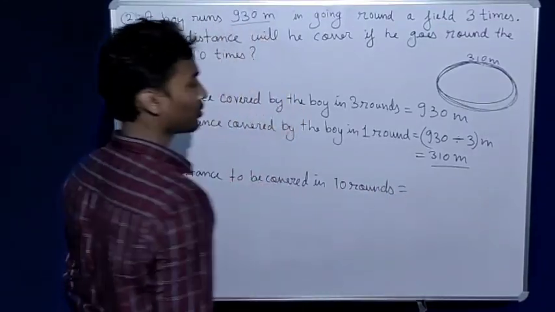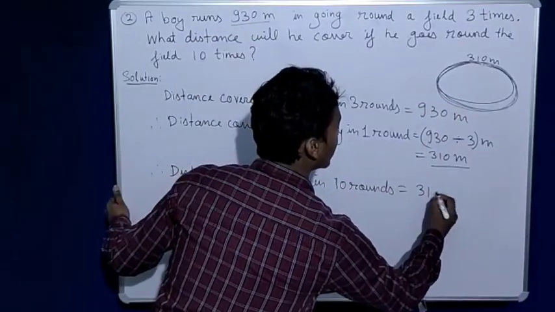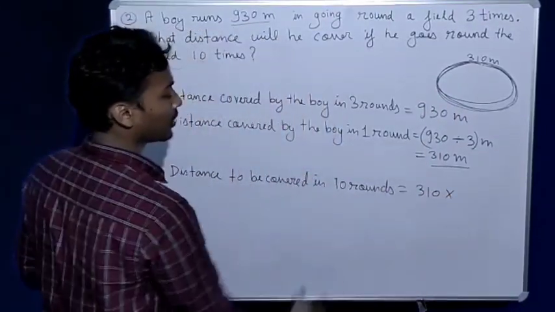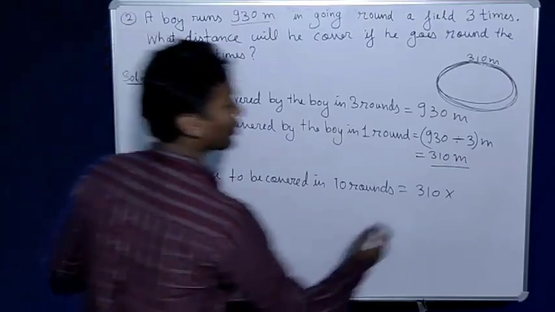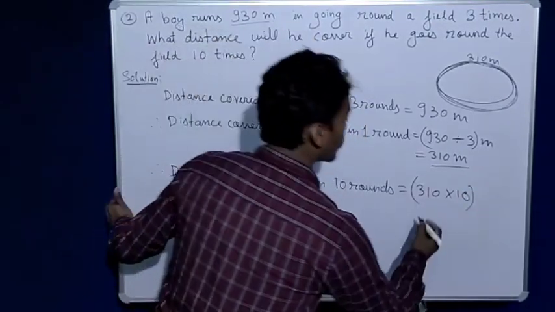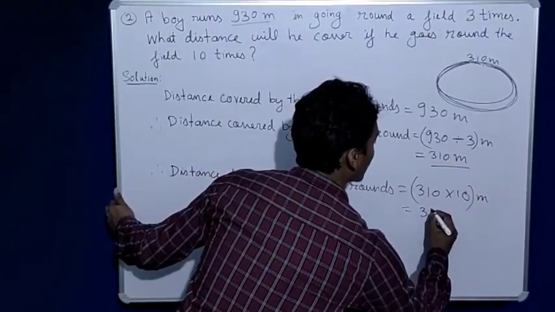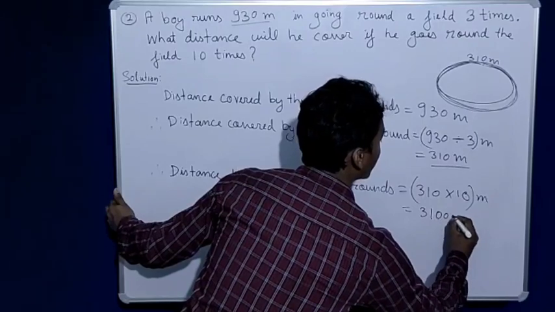It will be equal to the distance covered in 1 round, that is 310, multiplied by the total number of rounds, that is 10. So that will be equal to 3100 meter.